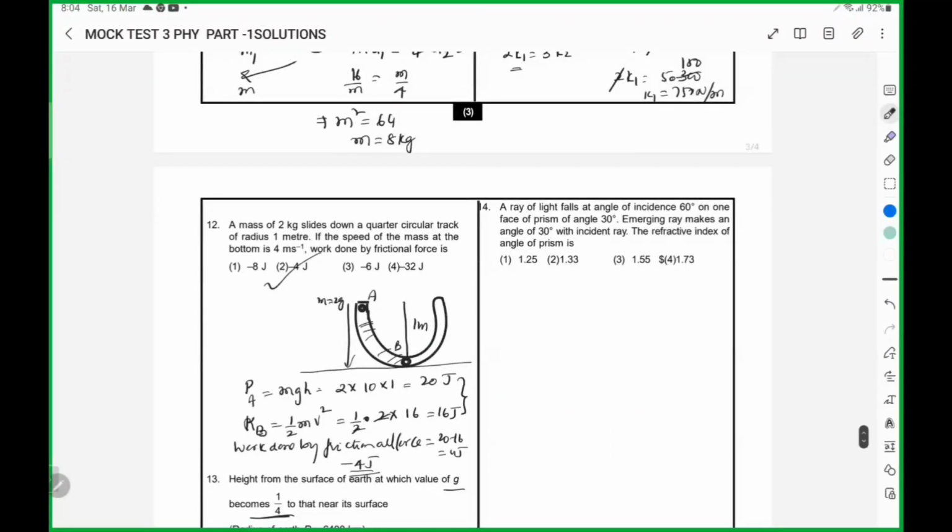So here, a ray of light is incident at an angle of 60 degrees. This is the angle of incidence.